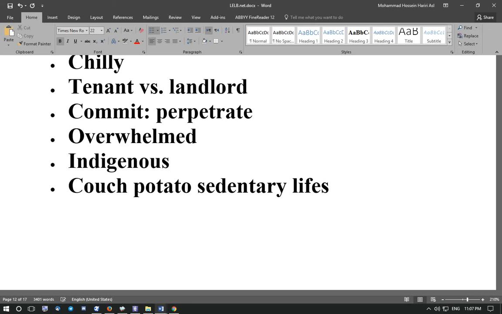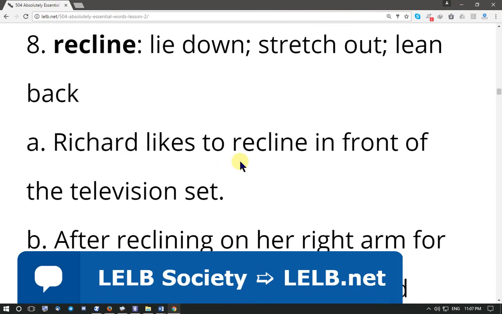A sedentary lifestyle means a particular lifestyle without enough movement or physical activities. Yeah, a couch potato person actually spends so much time watching the TV, and yeah, I cannot approve of that. Okay.